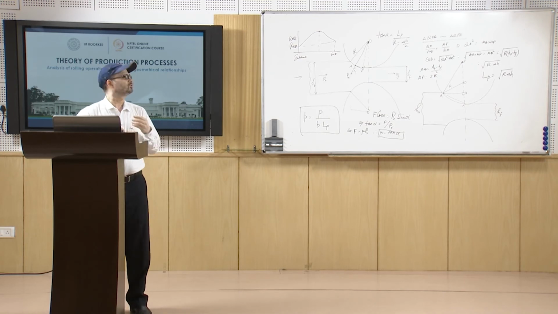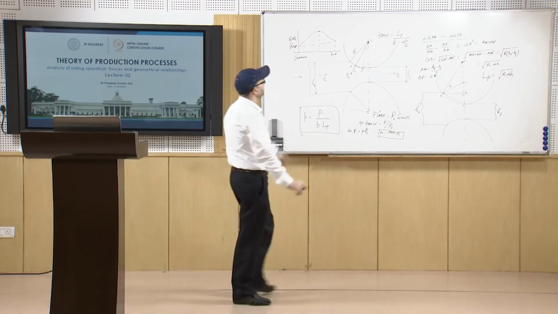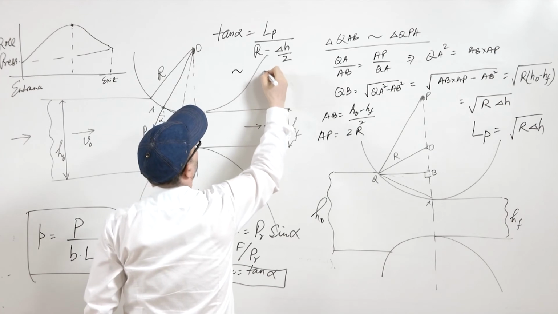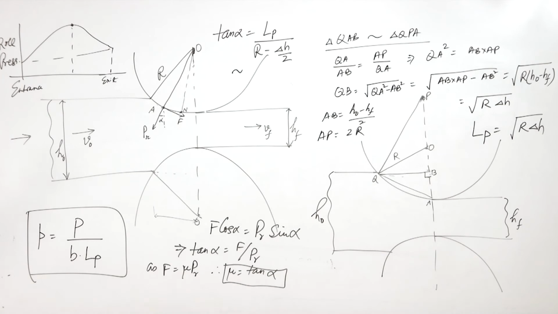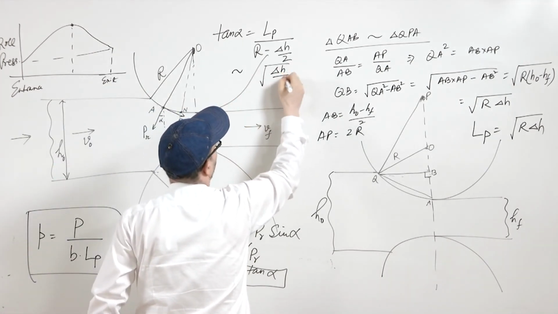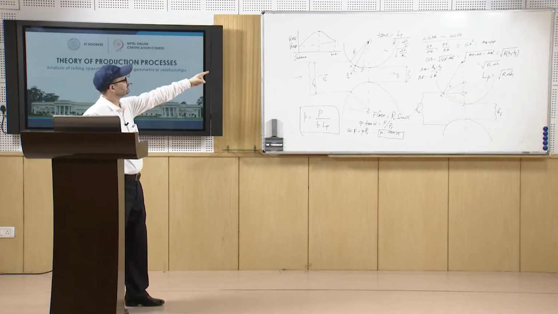Now, LP is under root R delta H, which can be approximately taken this way, so delta H by R will come. So, tan alpha has to be mu.